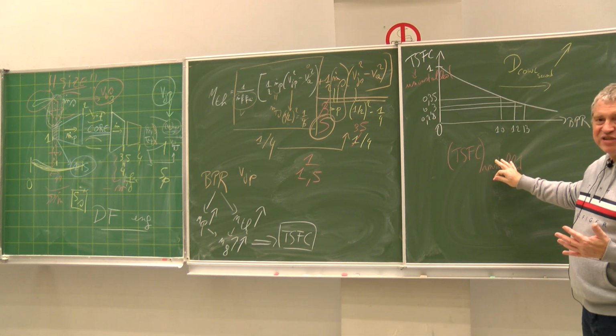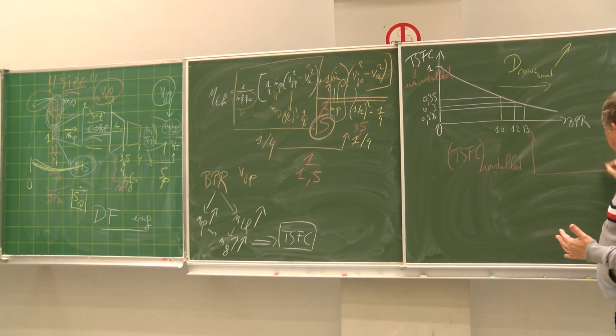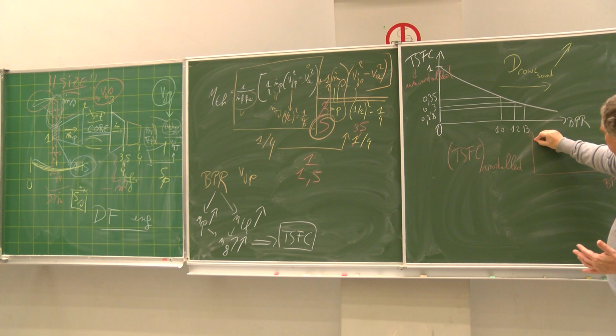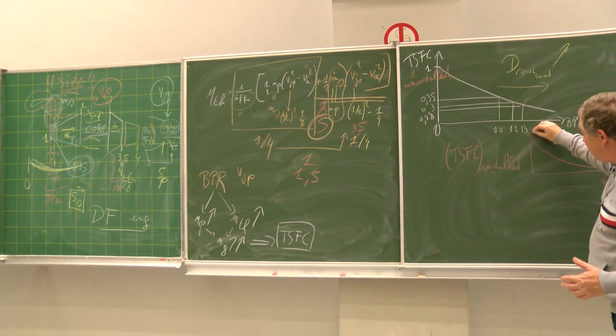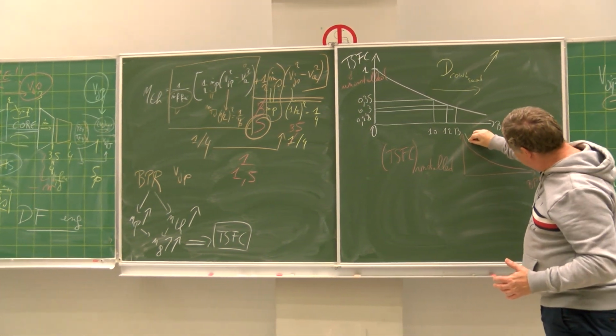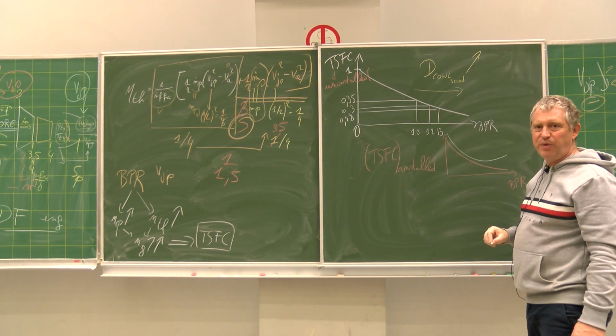This is when considering the nacelle. And the TSFC installed, in function of the bypass ratio, it will not be a decreasing function as here. It will be a higher value, and this will decrease, and at a certain moment this is doing something like that.